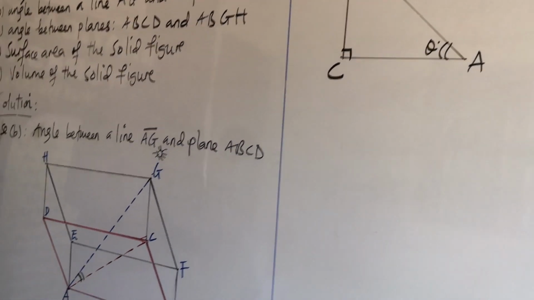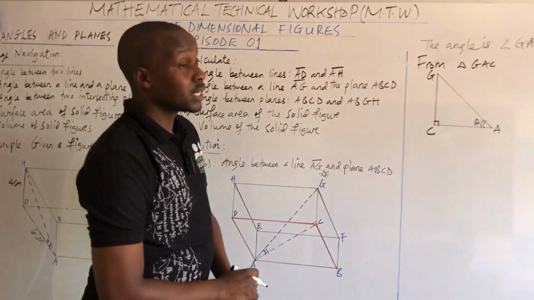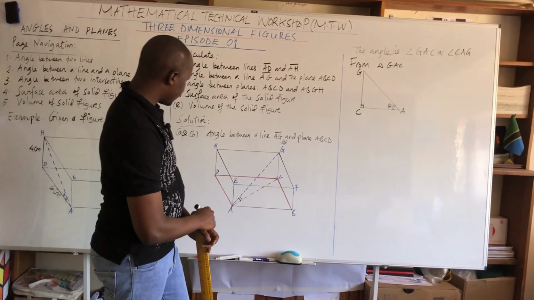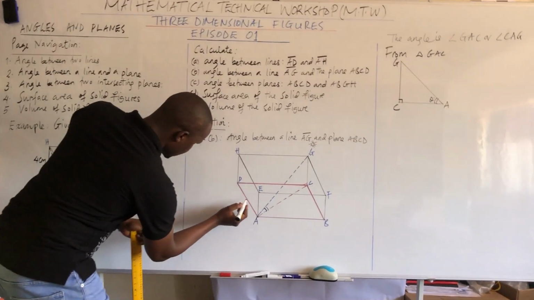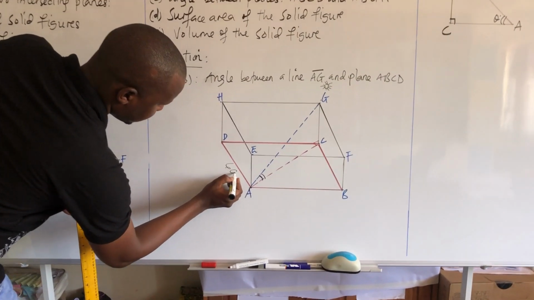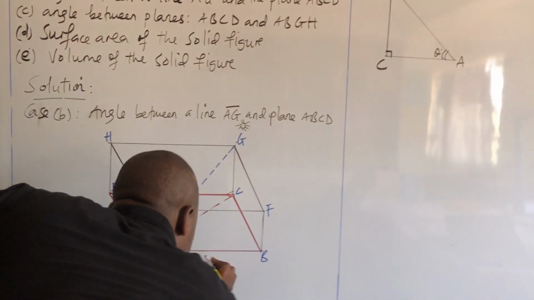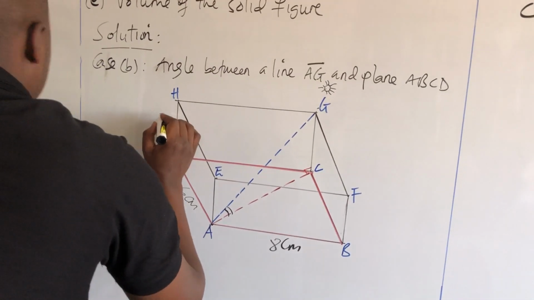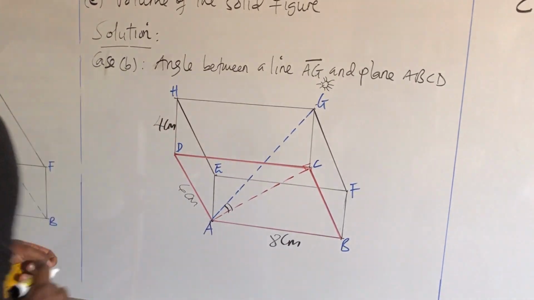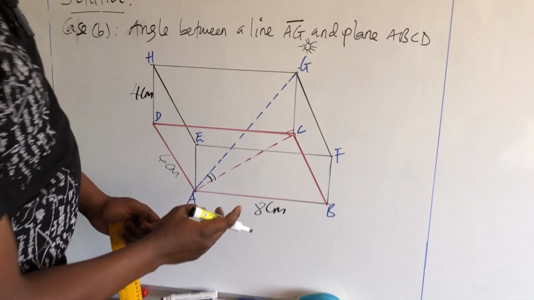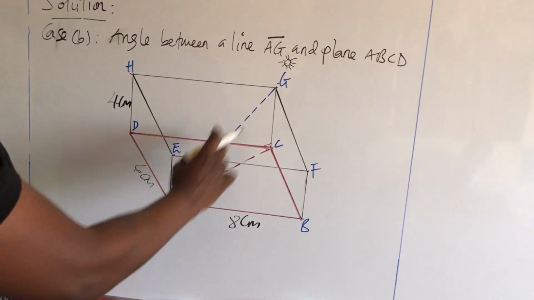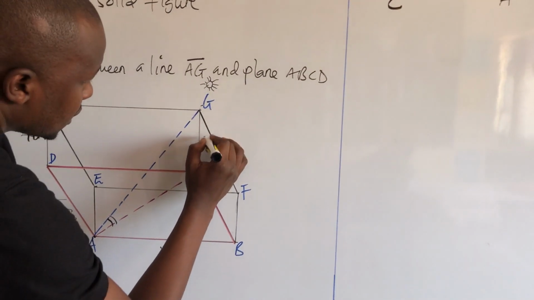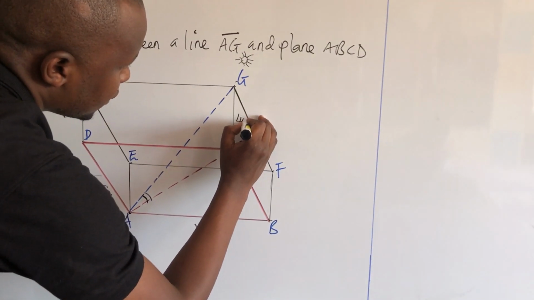Now, another thing we are going to look at are the dimensions. AC we don't have, but we have from the figure AD, which was 60 centimeters, AB, which was 80 centimeters, and the height HD, which is 4 centimeters. So we are lacking the dimensions for AC and AG. HD is the same as CG, so here it is also 4 centimeters.